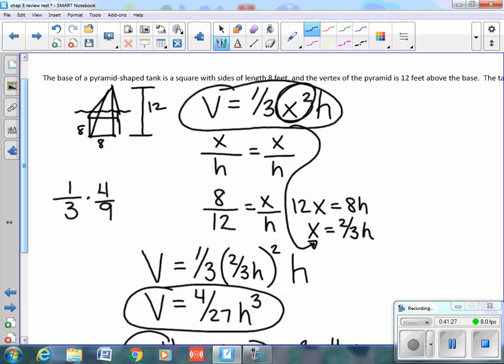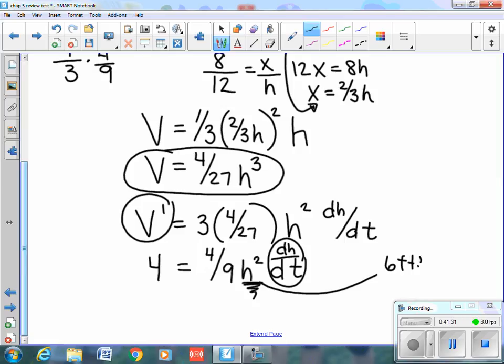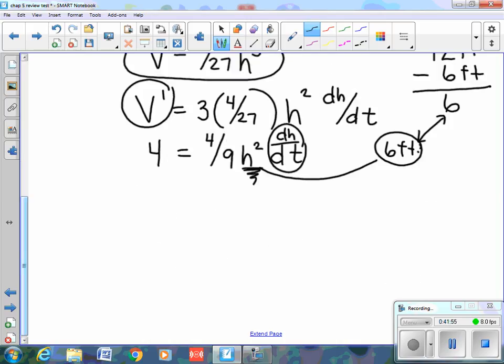So basically, if it's a truncated picture, I'm going to take the height of the thing, which is 12, and subtract it from where the water is right now, and I'm going to use 6. It just so happens that these are identical. So you wouldn't have gotten this problem wrong if you forgot to subtract, because sometimes you subtract, sometimes you don't, but this is a truncated picture.